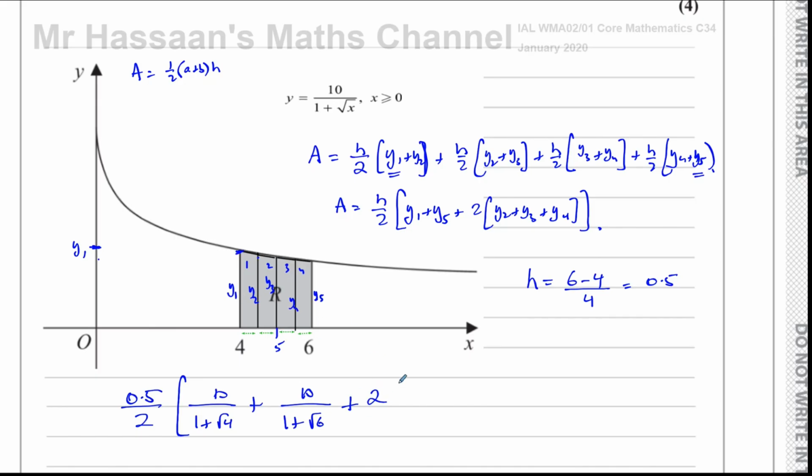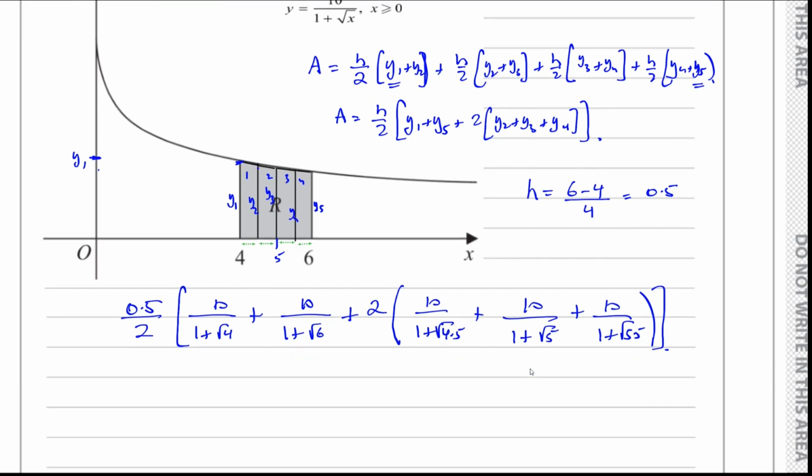And then I'll put 2 times the ones in the middle. So I have 10 over 1 plus root 4.5, plus 10 over 1 plus root of 5, plus 10 over 1 plus root of 5.5. And that should give me an estimate of the area.